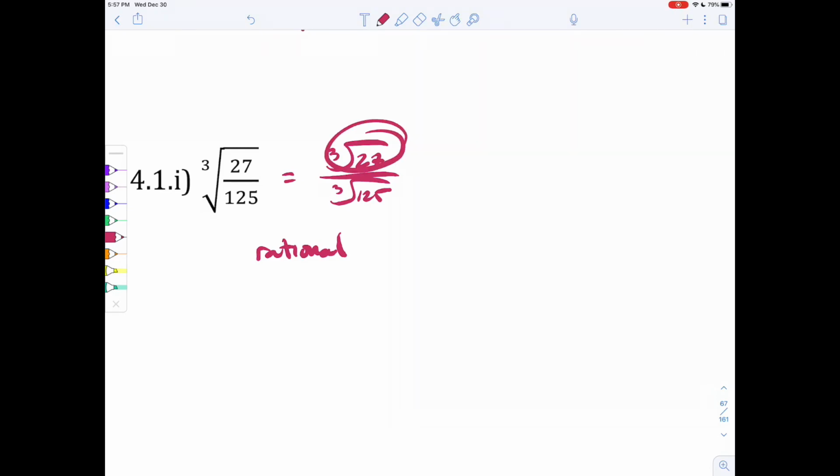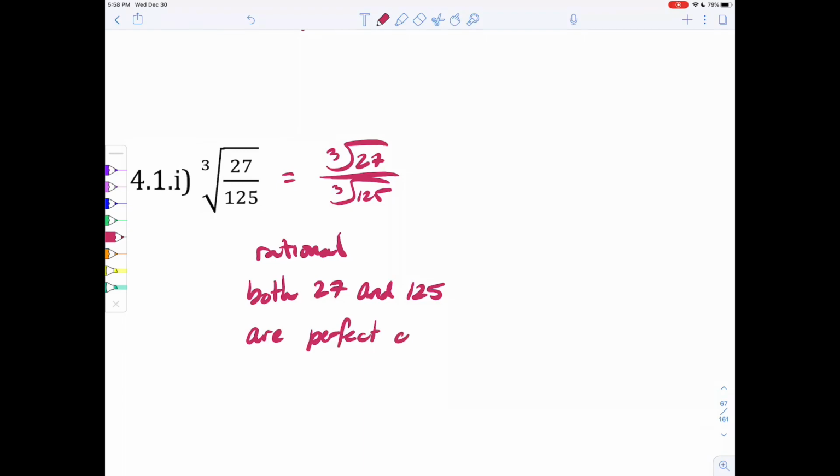And that's because this top piece, cube root of 27, is rational, since 27 is a perfect cube, and 125 being a perfect cube thus also makes cube root of 125 a rational number. So this whole thing is rational because both 27 and 125 are perfect cubes.